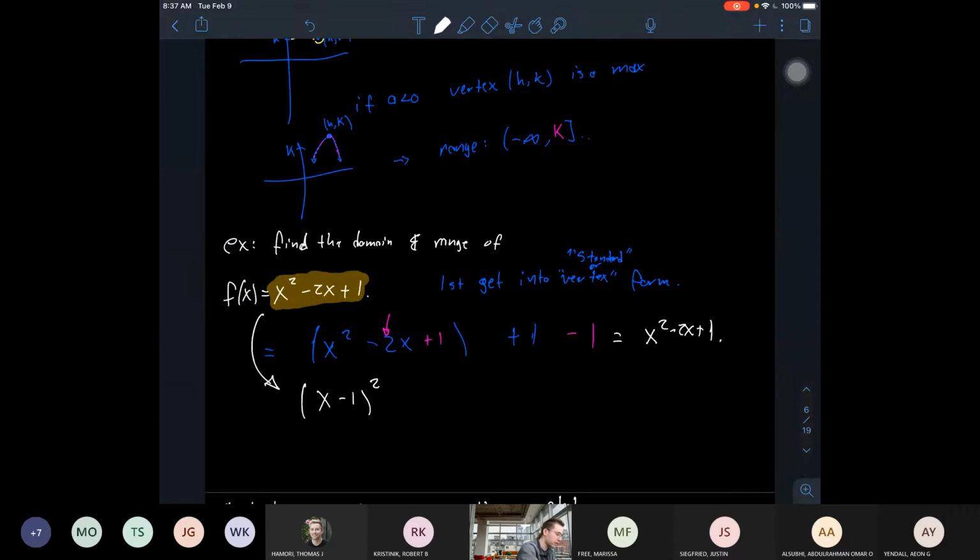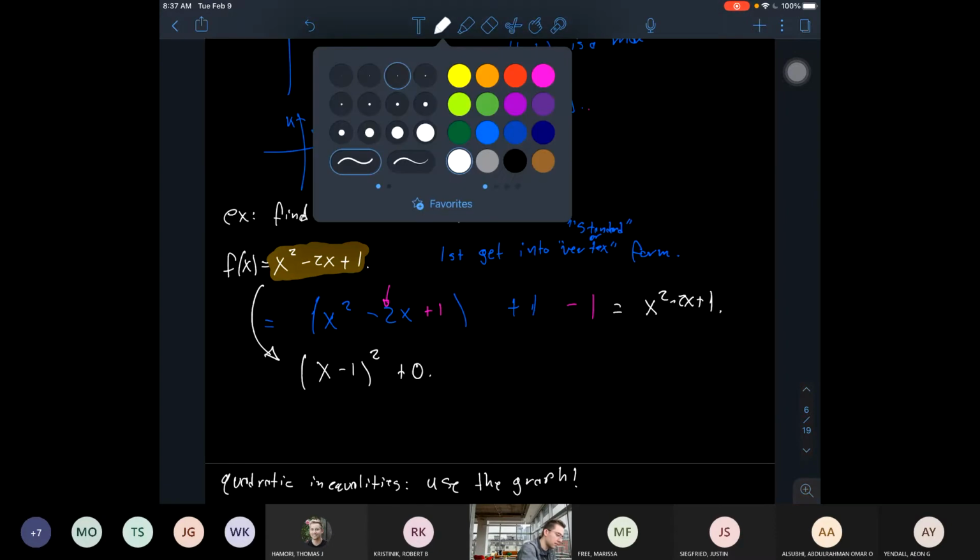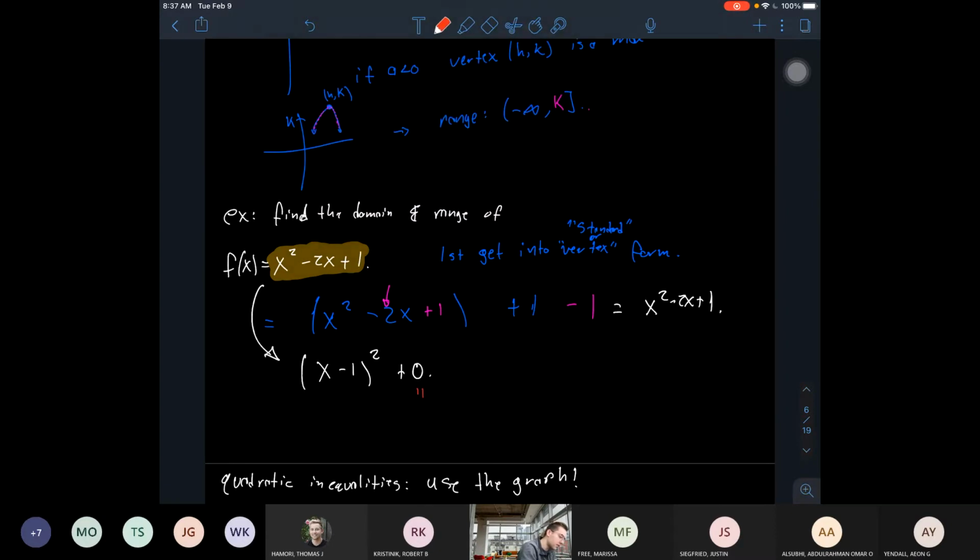Okay, so if this is my vertex form, x minus 1 quantity squared, I can think of there being a +0 back here. So this 0 is going to be my k value.